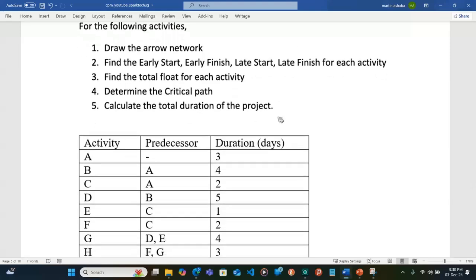So this means we are doing the critical path analysis, and therefore we shall be required to determine the critical activities. The critical activities are those activities which, if we affect their times or their duration, then we are going to affect the total duration of the project.